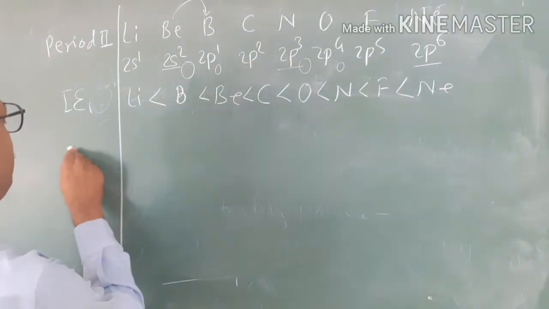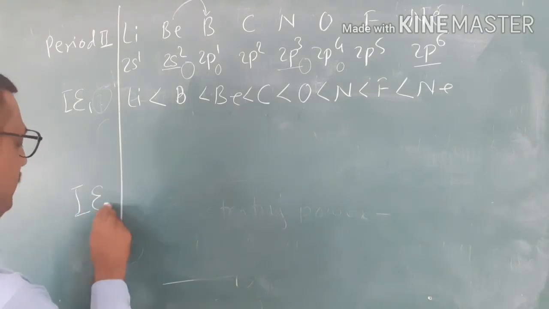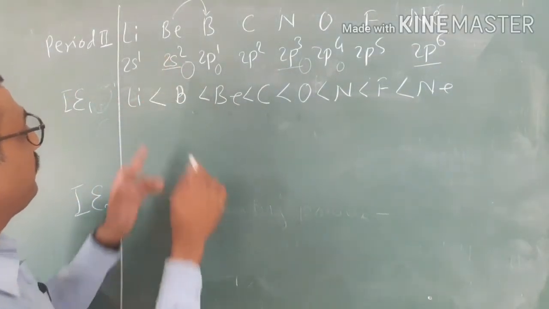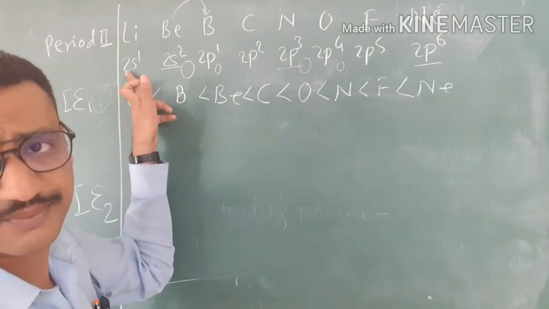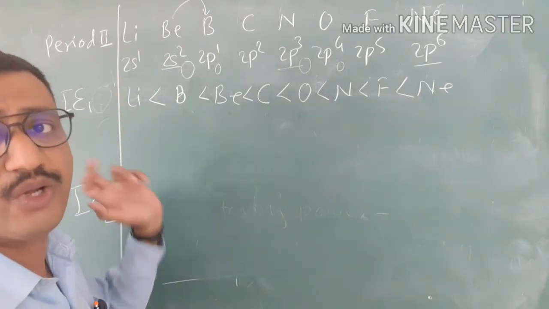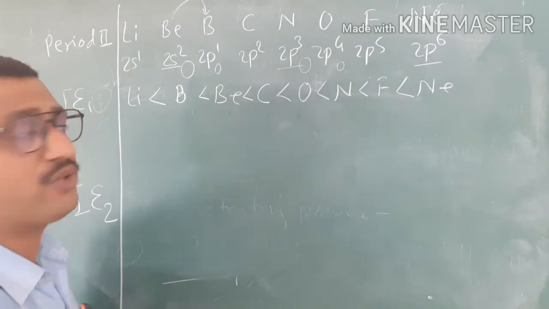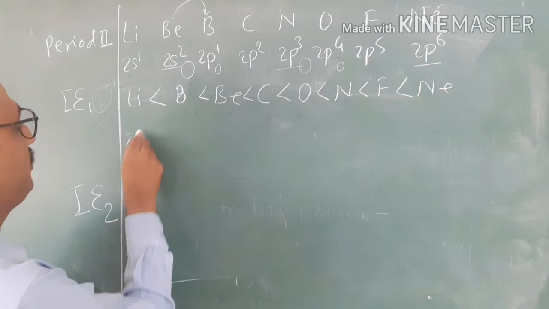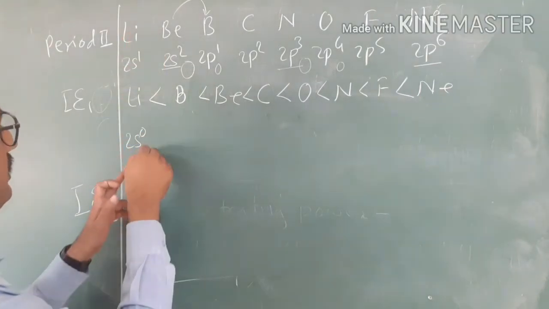Now, what about the trend for the second ionization potential if it is asked? So our answer should be, see, this is the normal atom electronic configuration. When one electron is removed, what will be the electronic configuration? Here 2s1, one electron is removed, it remains 2s0. Students, this is the electronic configuration of Li plus.